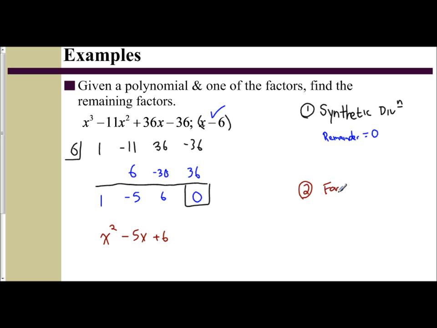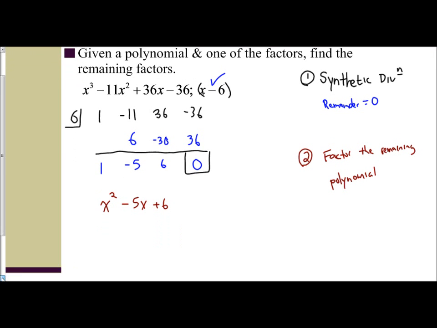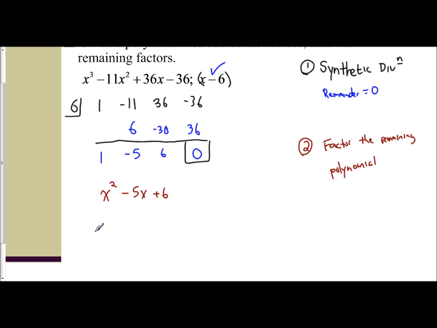And you factor that polynomial. So we're going to factor the remaining polynomial. Trinomial, leading coefficient of 1. So that means our product is 6. Our sum is negative 5. So you want two factors of 6 that add up to negative 5.